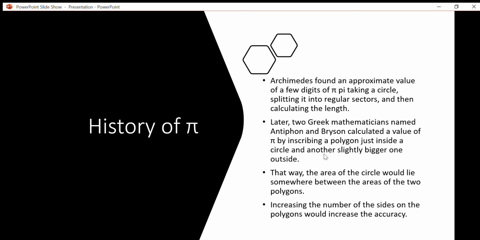That way the area of the circle would lie somewhere between the areas of the two polygons. They would increase the number of sides on the polygons, which would increase the accuracy, which is good because in math a value as accurate as possible is good because you want your equation to be accurate.